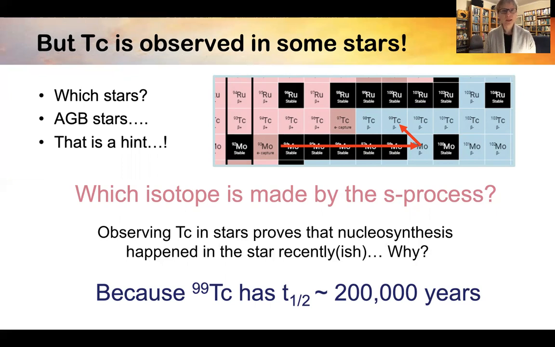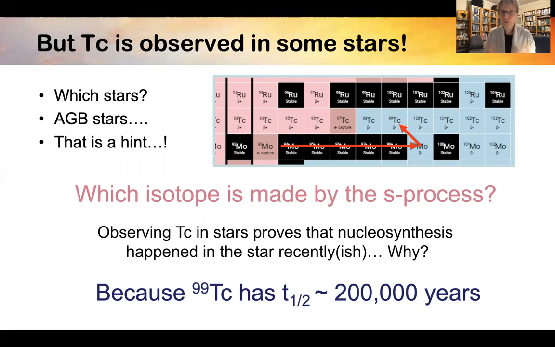Why is that? Well, the stars that we observe with enrichments of technetium, so they have technetium in their atmosphere, that's what we call an enrichment, these stars have lifetimes of billions of years. That's much longer than the technetium half-life, whether we're talking about technetium 99, which may also capture some neutrons to make technetium 100 maybe, but that has a much shorter half-life.